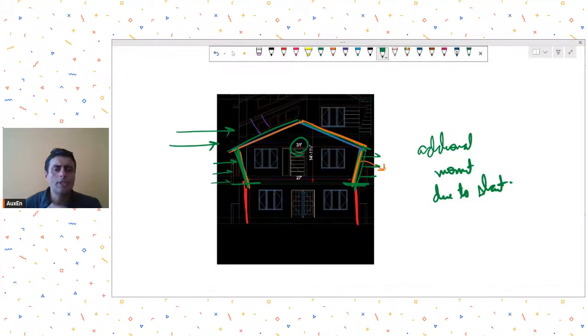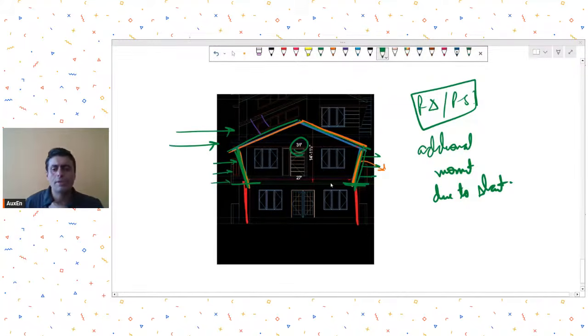So because of this shape, you can try doing some P delta or P small delta analysis also, just because of the geometry. You want to see if that geometry will destabilize. So for that, you just check for the P small delta and P capital delta effects also. This additional moment due to slanting nature will be automatically captured when you model the slant columns.